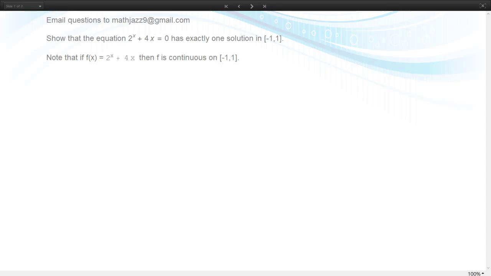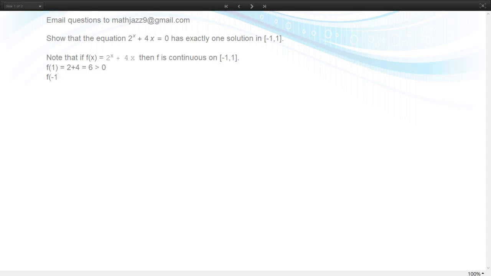So this means that the intermediate value theorem will apply to this function on this interval. So we note that f of 1 equals 2 plus 4, which is 6, which is bigger than 0.